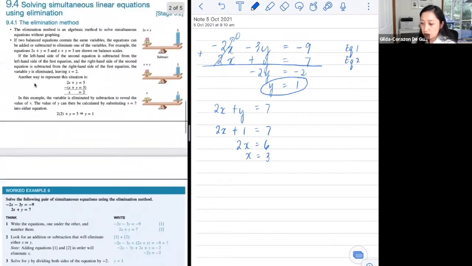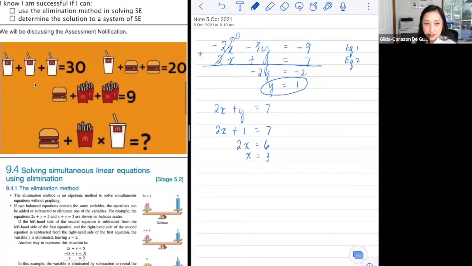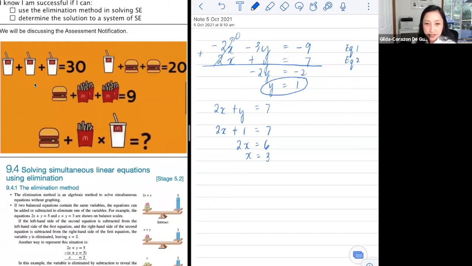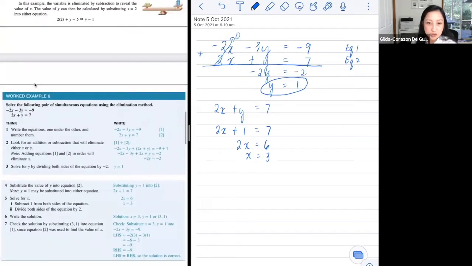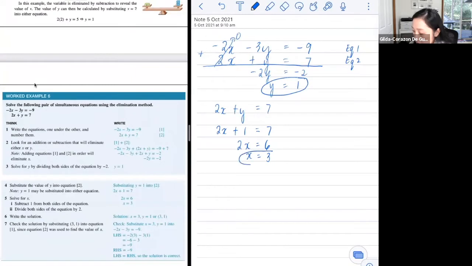Just like all those things that you did here, replacing them. Okay, some may require guess and check, some may require a bit more algebra, but this one you can just use your guess and check. Okay, so then you've got the values of y and x, and you just say the solution would be, you can write it as an ordered pair. So you can write it as (3, 1), or you can also write x equals 3 and y equals 1.